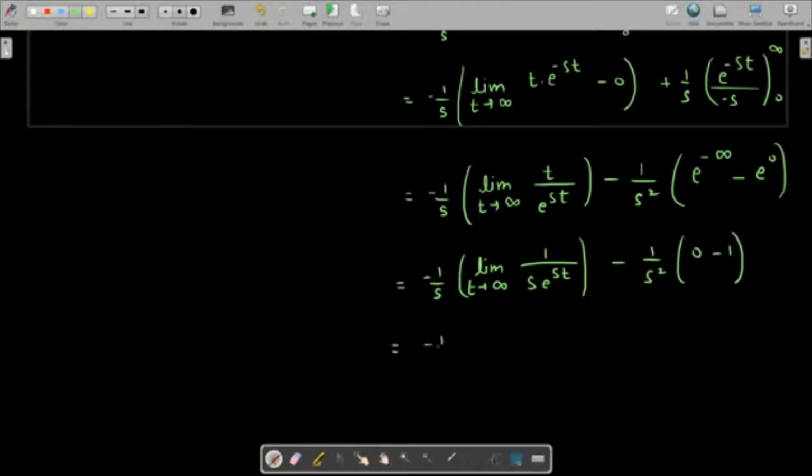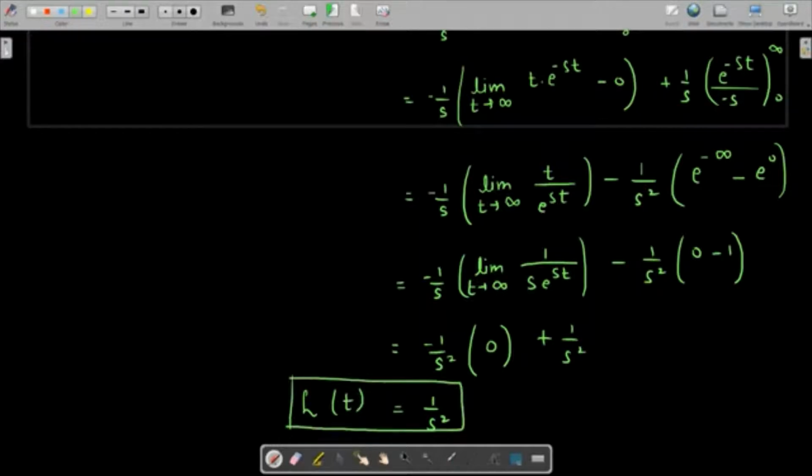Now if we place the limit, there is no more indeterminate form, because s is a constant, it is going to come out, so this becomes s squared. And if you place the limit, e raised to infinity is infinity, and 1 over infinity is 0. Minus and minus will become plus, so we have plus 1 over s squared. So finally we are getting 1 over s squared as the Laplace transformation of t.